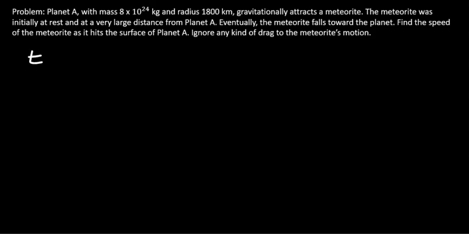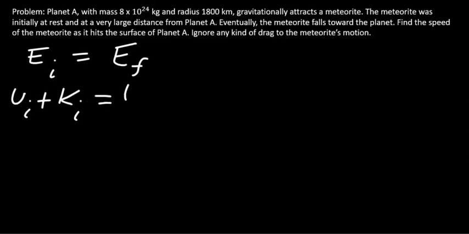So again, it involves the application of conservation of energy, or rather conservation of mechanical energy. The initial mechanical energy of that system is the same as the final mechanical energy of the system. Now note, mechanical energy consists of gravitational potential energy and kinetic energy, so we can write the above statement in the following form.